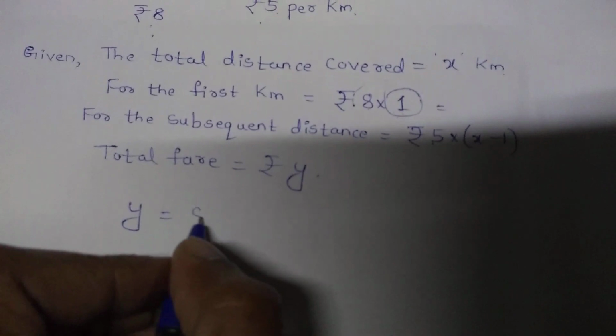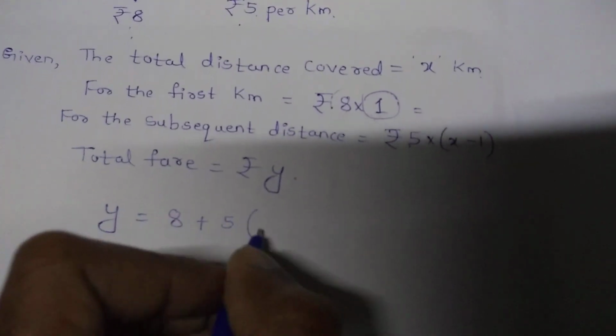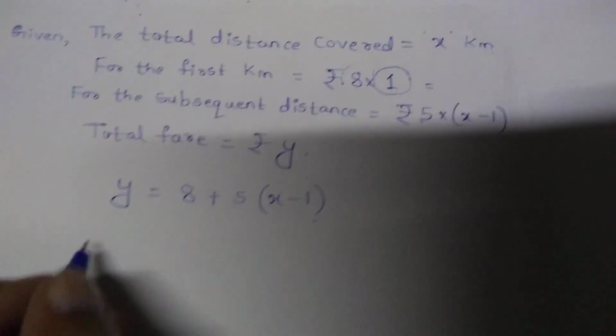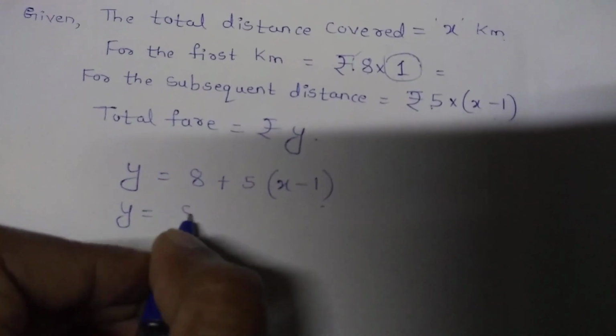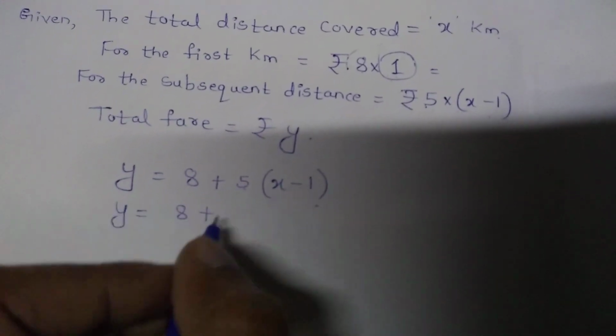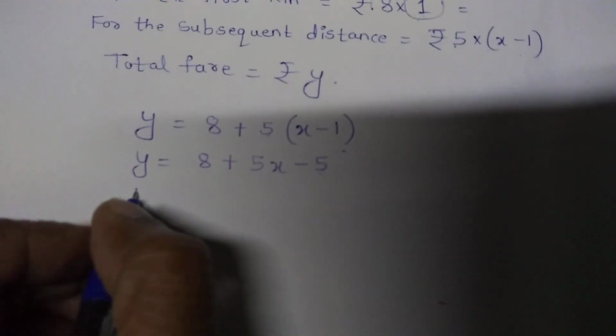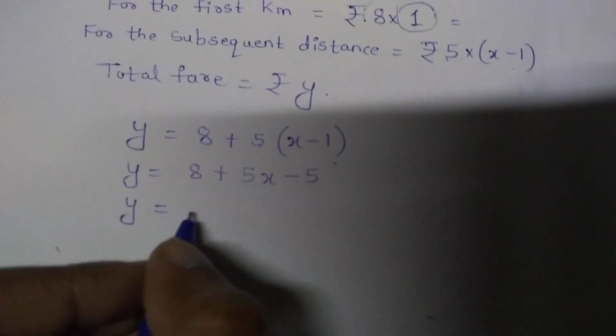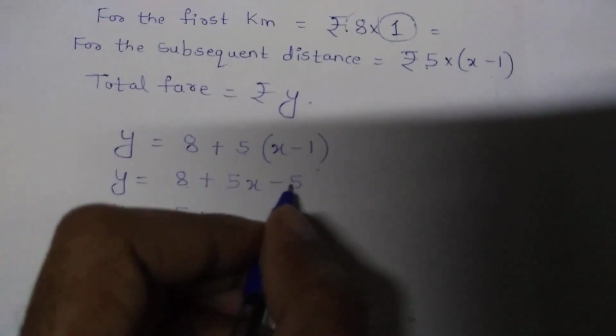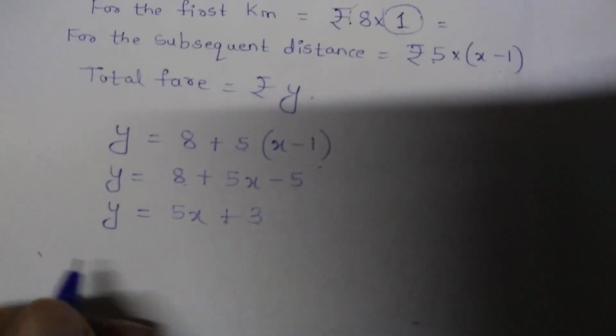So y equals 8 plus 5 into x minus 1. Multiplying into the bracket, y equals 8 plus 5x minus 5. So y equals 5x, and 8 minus 5 is plus 3.